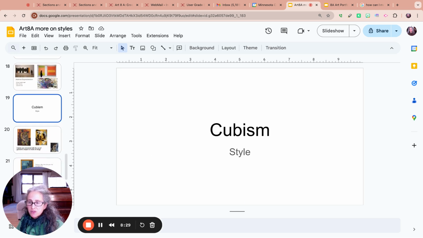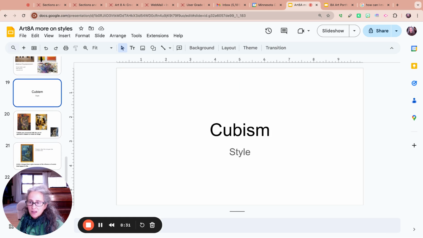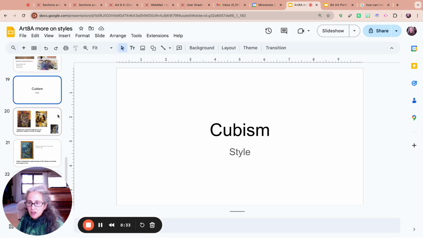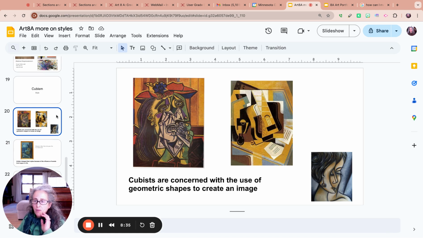Cubism style, which is one that we do in class, we drew together. The Cubist style, Pablo Picasso did this weeping woman. Cubists tried to show a scene, an image from multiple perspectives, often using geometric shapes and forms.